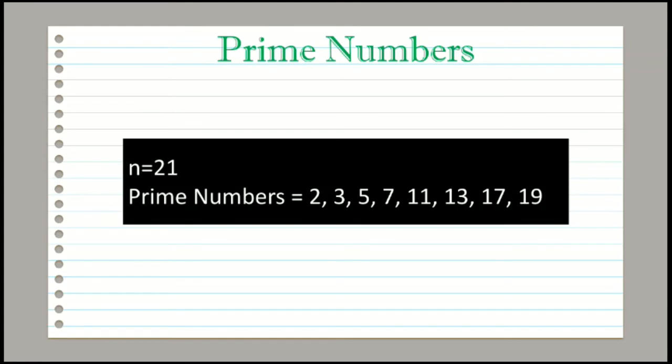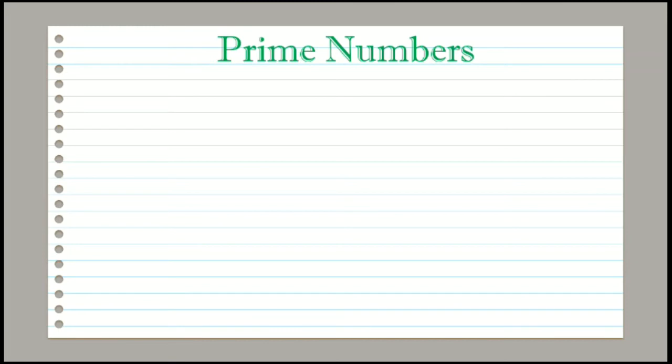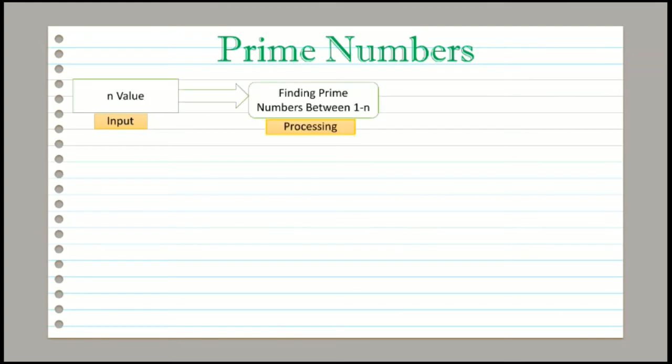These numbers can only be divided by 1 and itself. So here the value of n will be our input. Finding prime numbers between 1 to n will be the processing part, and printing prime numbers will be the output part.